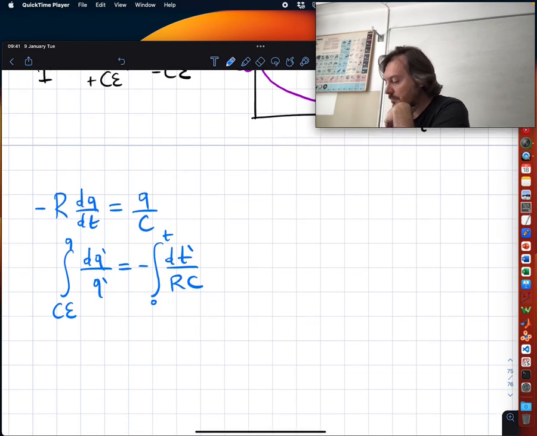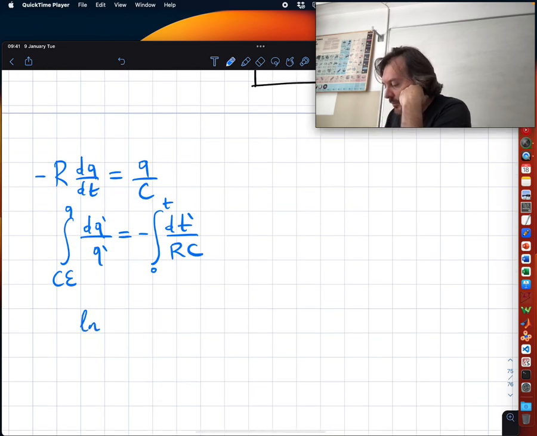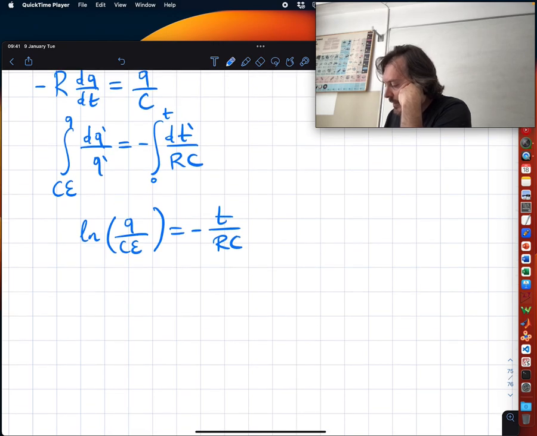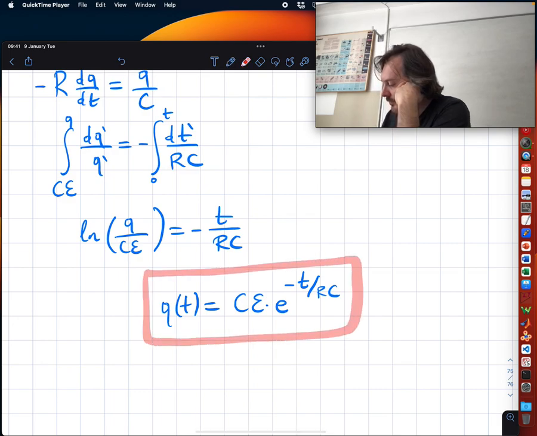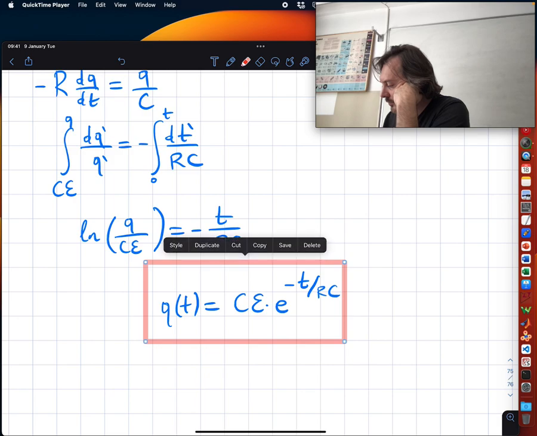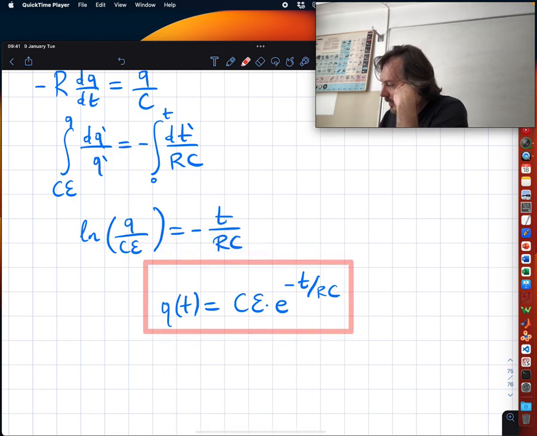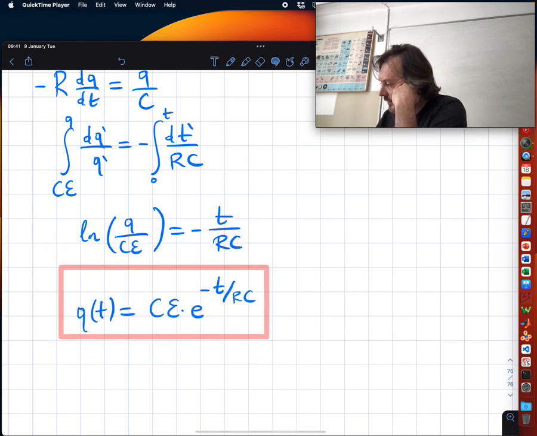So I have ln of q over CE equals minus t over RC. I have my q of t equals C times E times e to the minus t over RC. And this is capacitor discharging. This is the formula for capacitor discharging.